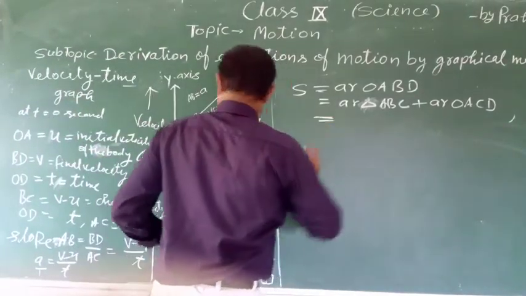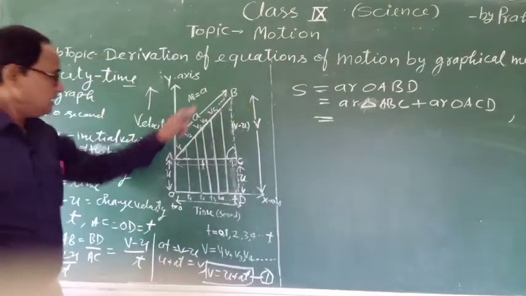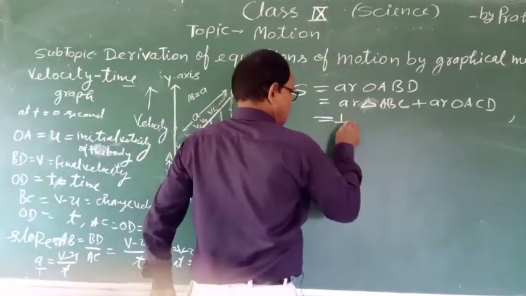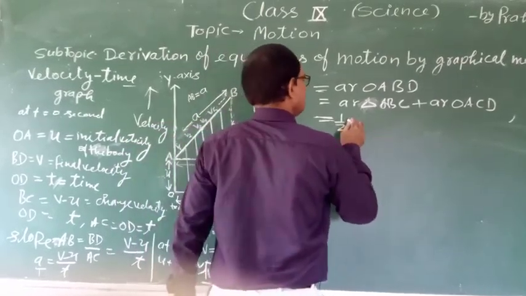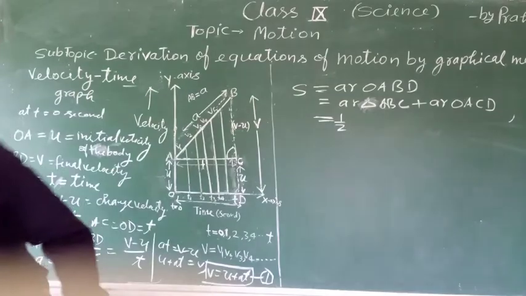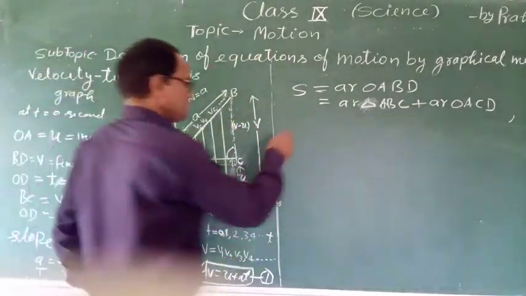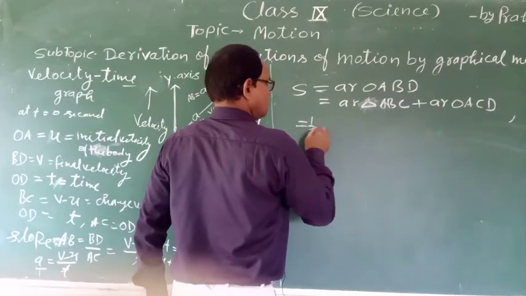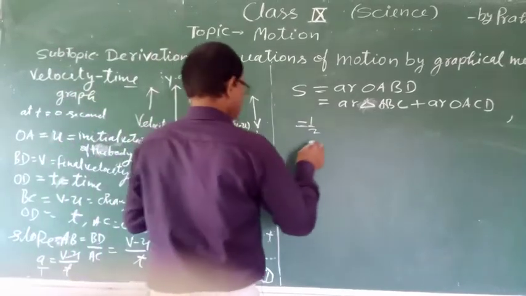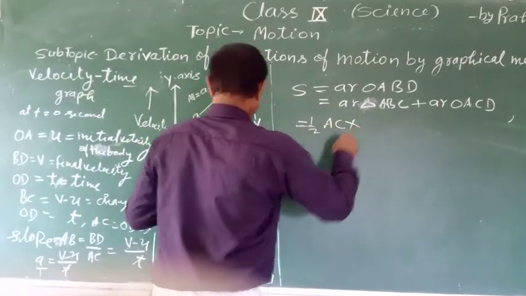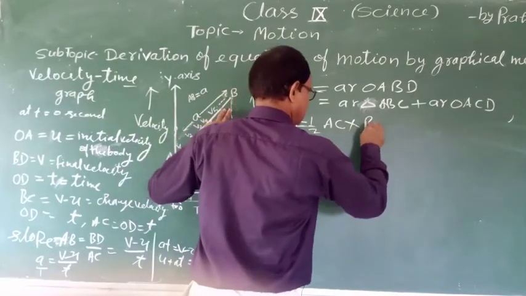Here in the triangle, area of triangle ABC is equal to 1 by 2 into base AC into height BC.